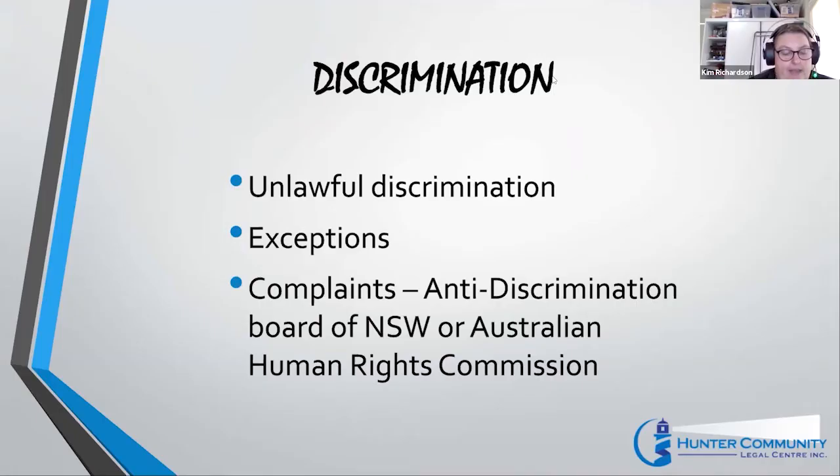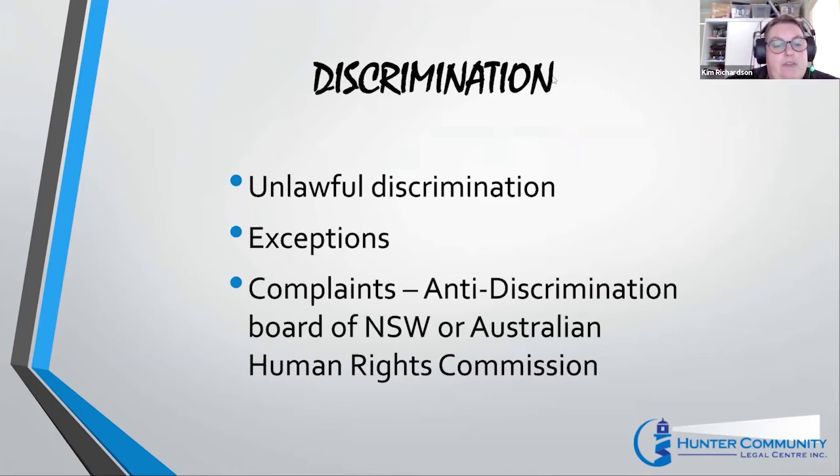There are some exceptions to this, and this relates to shared accommodation. Whether it is unlawful to discriminate in shared accommodation depends on the type of discrimination and whether you are living with the owner or their close relative and how many people you are sharing with.